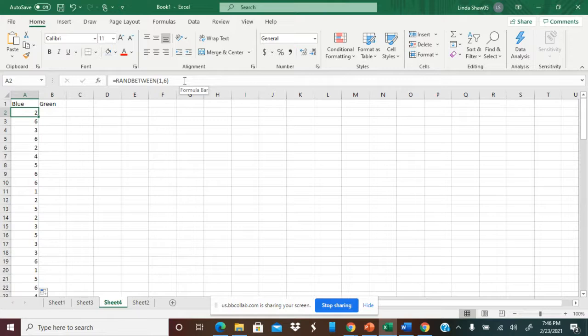Yes, and Kathy, it's even worse than that, because this is a volatile formula, and that means every time you touch it, it changes. So when Linda touches one of those things, it will change.